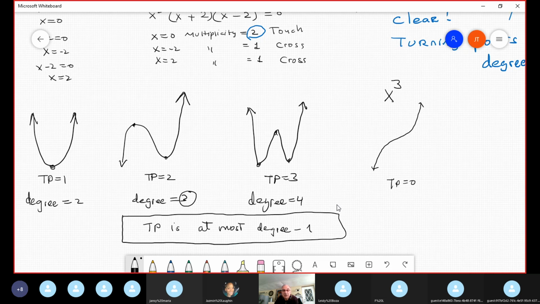Maybe in this case, a degree 3, we have no turning point. Maybe 0, maybe 1, or maybe 2. Impossible to have 4 turning points in degree 3. Do you understand the last idea? It's the last because I want to finish now. Any question, guys?